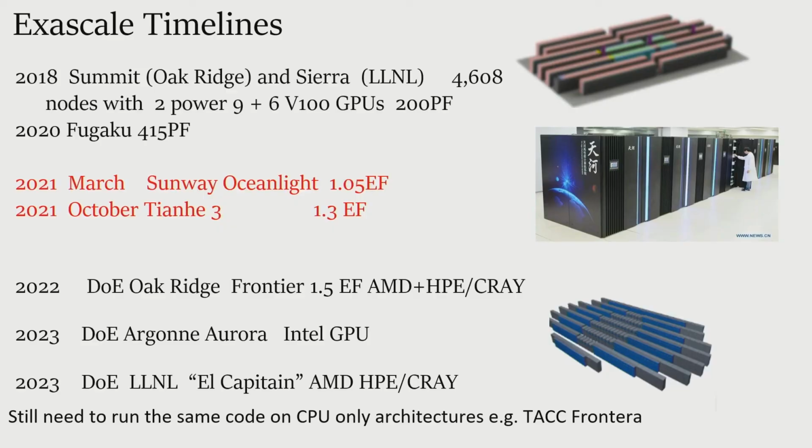So let's talk a little bit about exascale. We now have an exascale machine. But the run-up to that was the Summit machine at 200 petaflops, the Fugaku machine, which has been on some of the posters here, at 415 petaflops, a very novel ARM-based CPU design with vectorization.